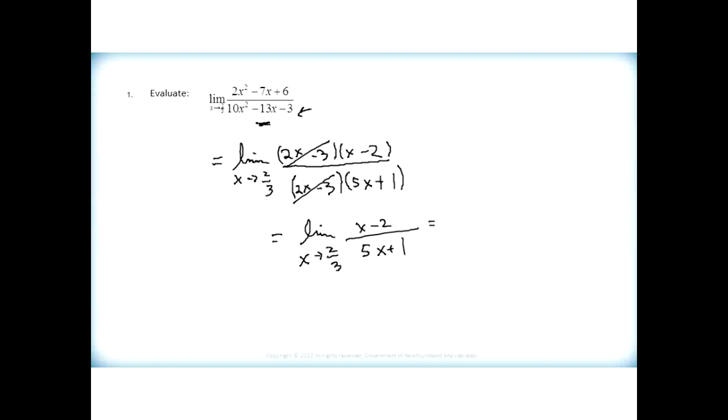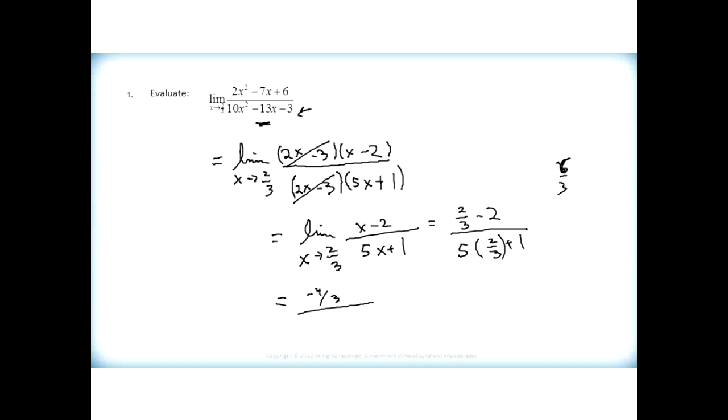Now we can fill in and evaluate. So we have 2/3 minus 2 over 5 times 2/3 plus 1. The trickiest part here is simplifying the fractions. 2/3 minus 2: 2 could be written as 6/3, right? So 2/3 minus 6/3 is going to give us -4/3 in our numerator.